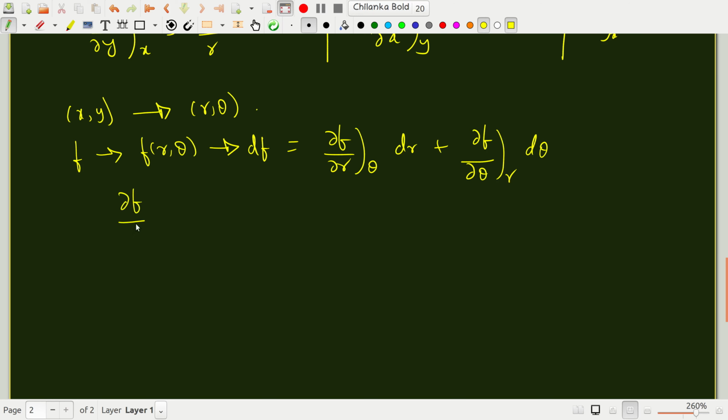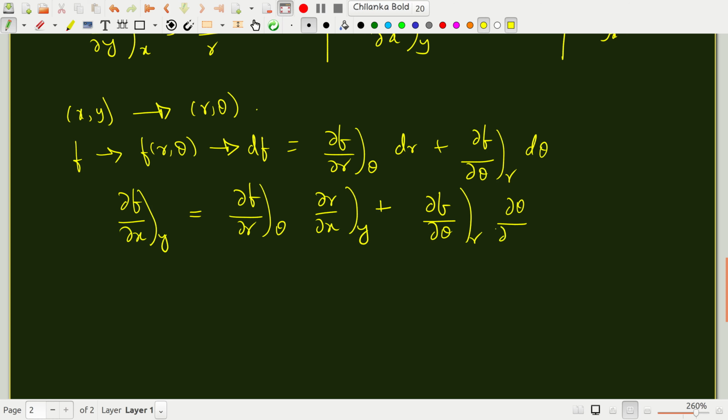So first I'll construct partial f partial x at constant y from this expression. This is partial f partial r at constant theta times partial r partial x at constant y. Why constant y? Because I am keeping y constant here, plus partial f partial theta at constant r times partial theta partial x at constant y.